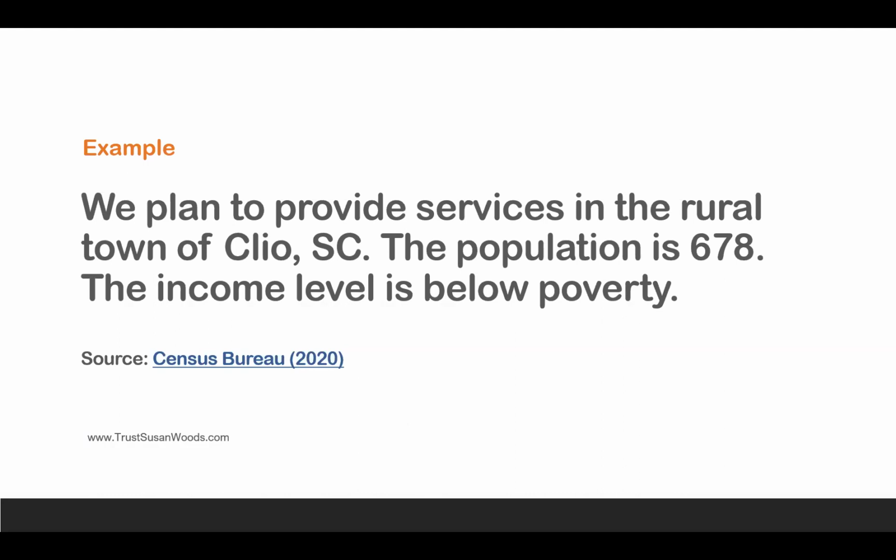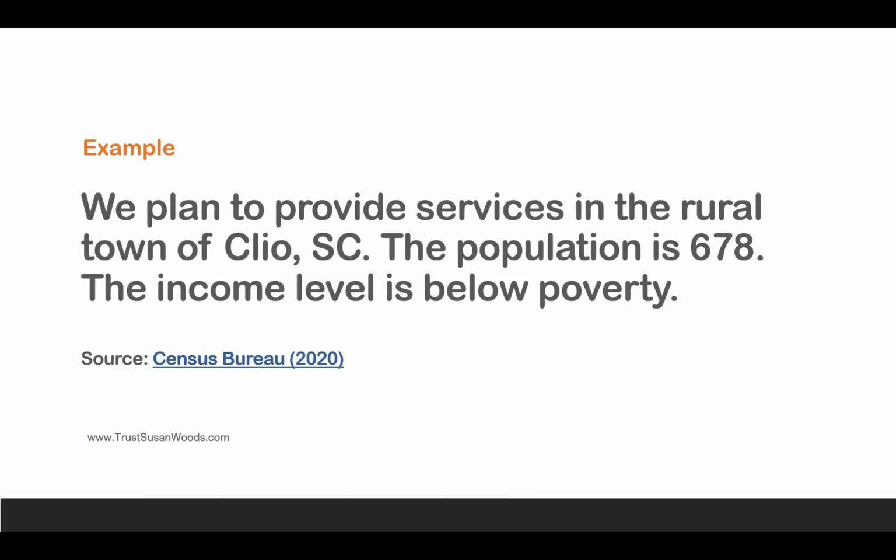And then it would be very helpful if you include a link to the Census Bureau or to some valid piece of data that can prove that you are sharing the correct information about the service area in which you plan to offer services. So again, a link to the Census Bureau will be helpful.